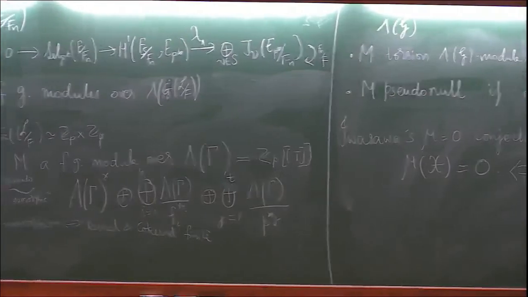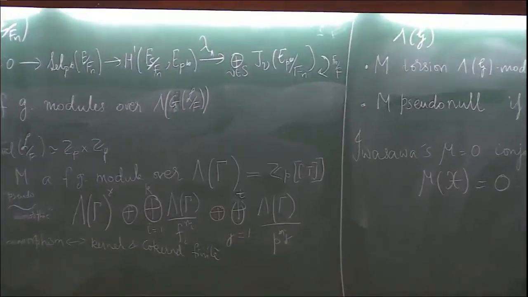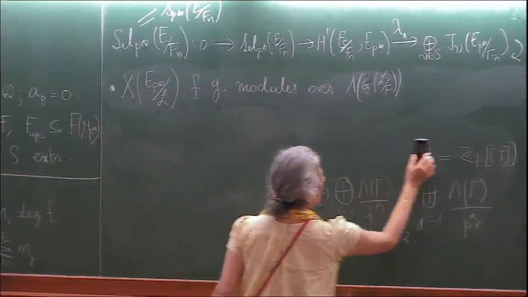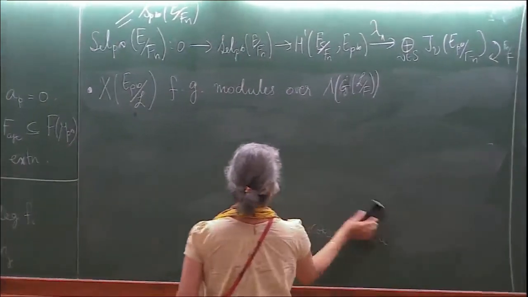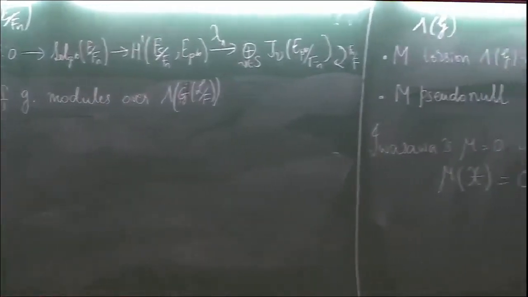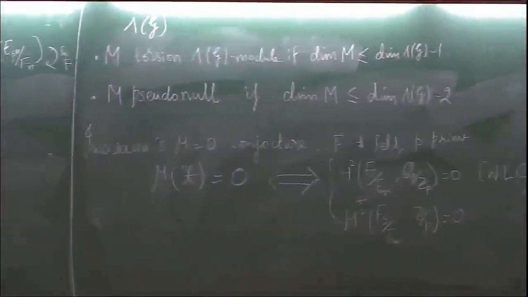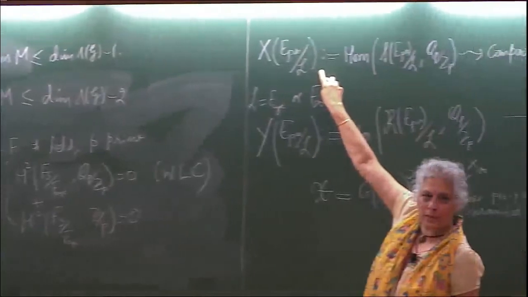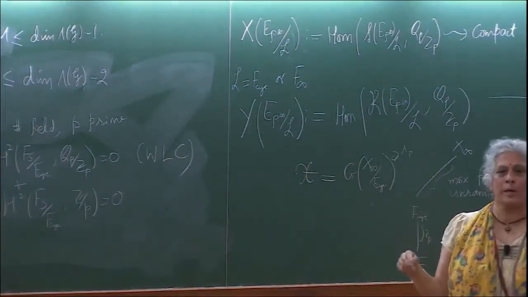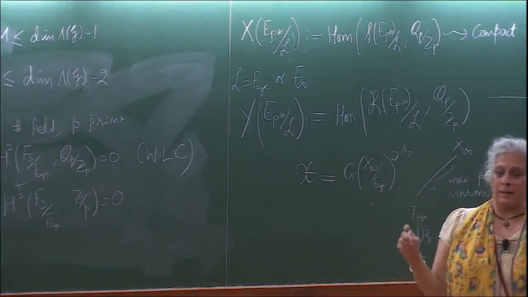And so here, when I take these dual Selmer groups over the cyclotomic extension, you no longer expect the mu invariant to be 0. In fact, Mazur already produced examples where the module was torsion.